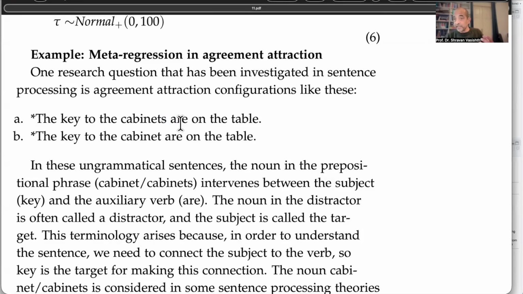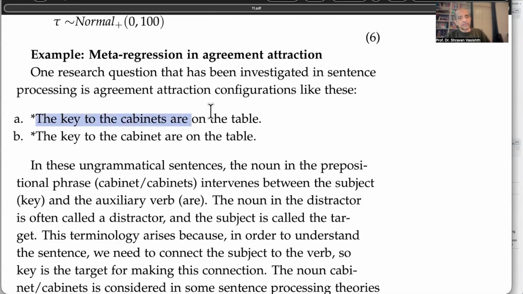It is so prevalent in native speakers' English that people will often get very angry with you, and they will say that "the key to the cabinets are on the table" is the grammatical version, and that "the key to the cabinets is on the table" is ungrammatical, even though it's actually grammatical, right?